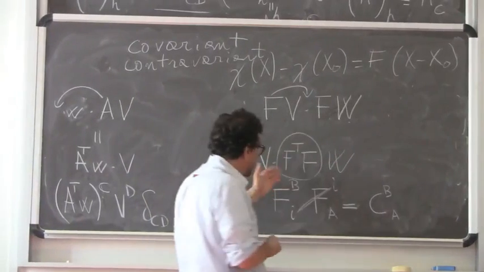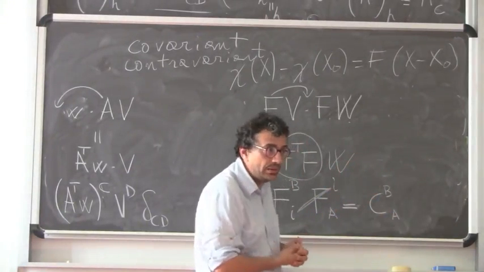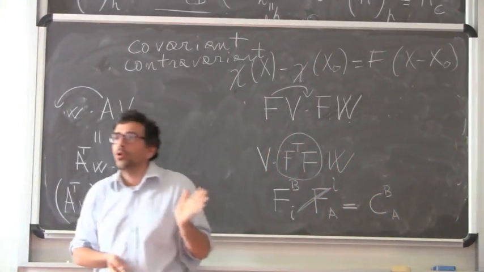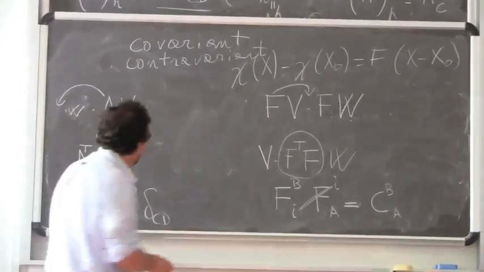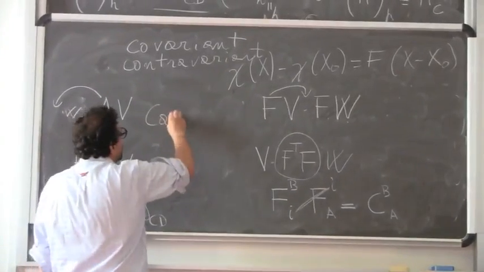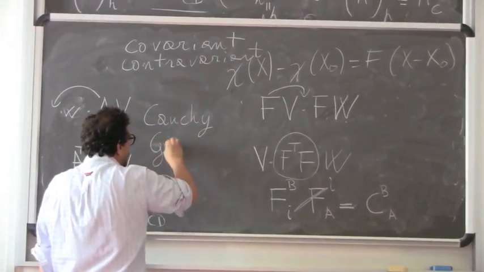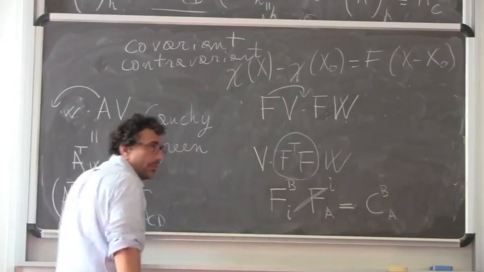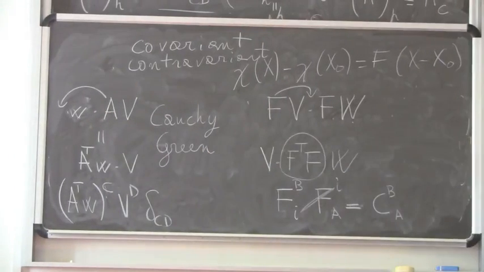So this C is called Cauchy-Green tensor. It is a tensor which is mapping material vectors into material vectors.